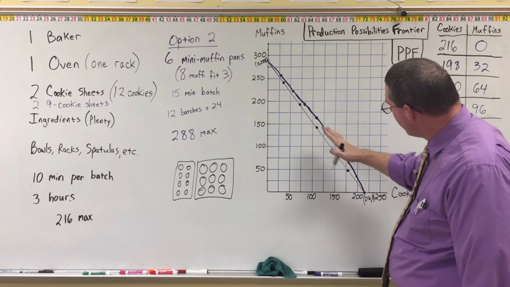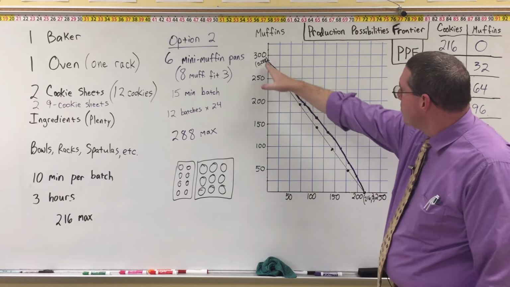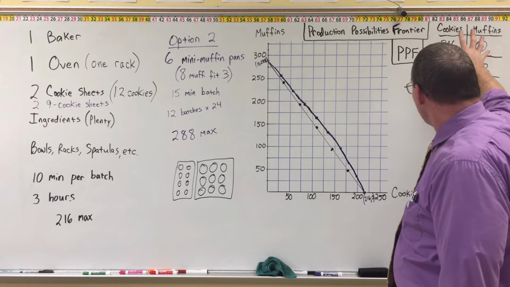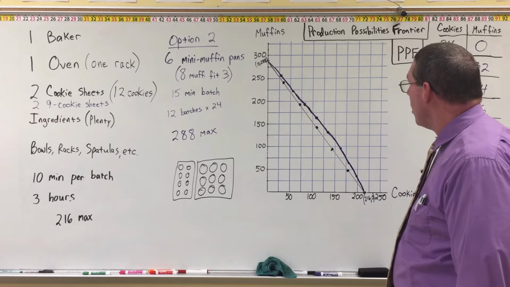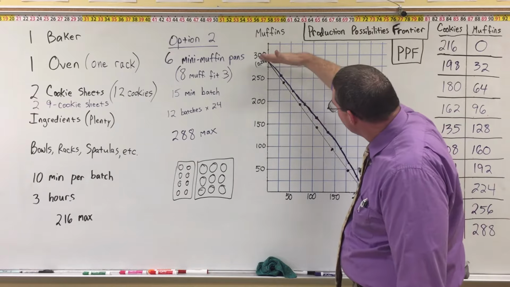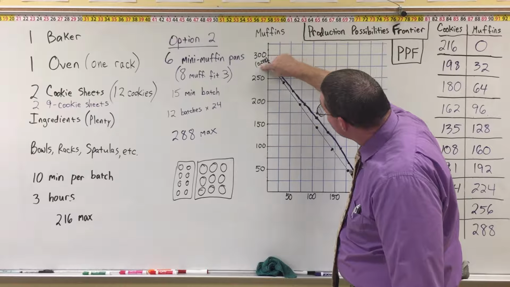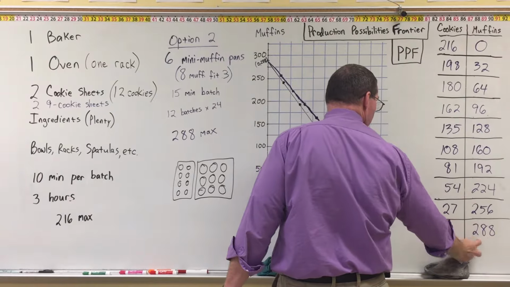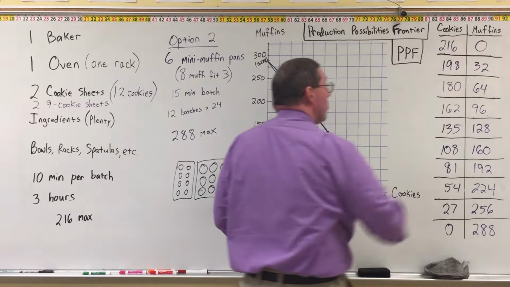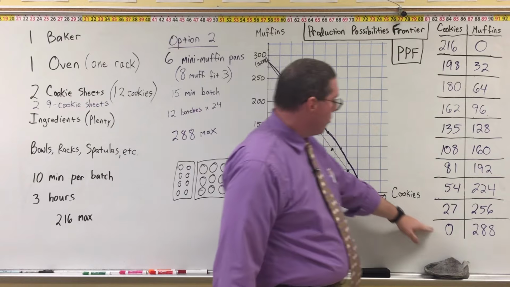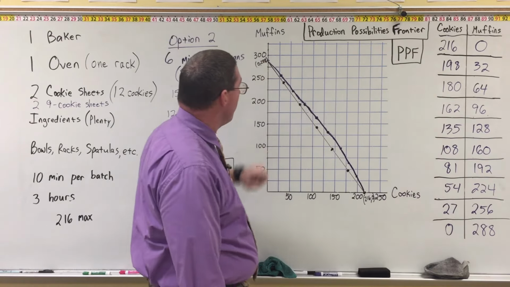I've plotted all these points, and look what happens here. Instead of being a straight line, this list of possibilities for production kind of bows out. It comes off of the straight line. It still starts at 216 cookies and 0 muffins, and it still ends at 0 cookies and 288 muffins.